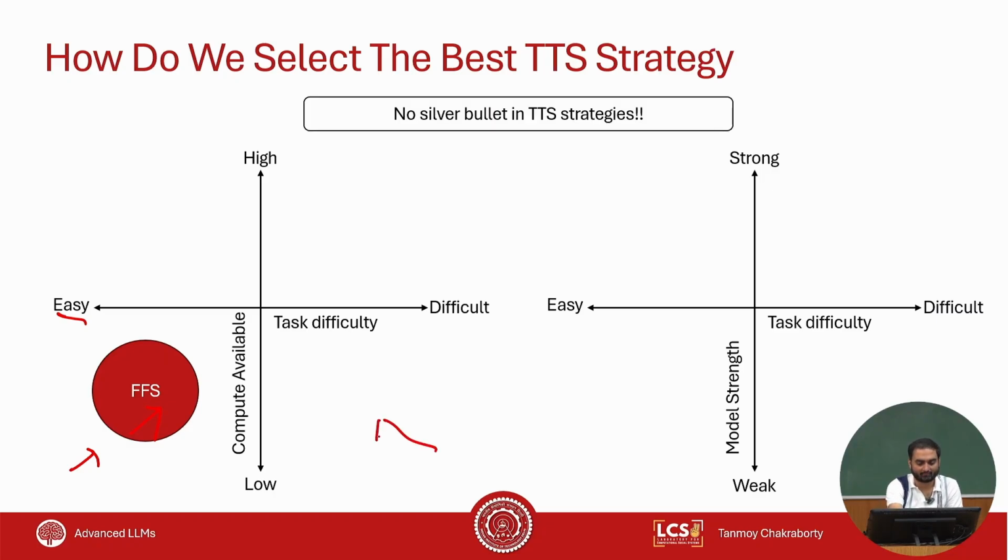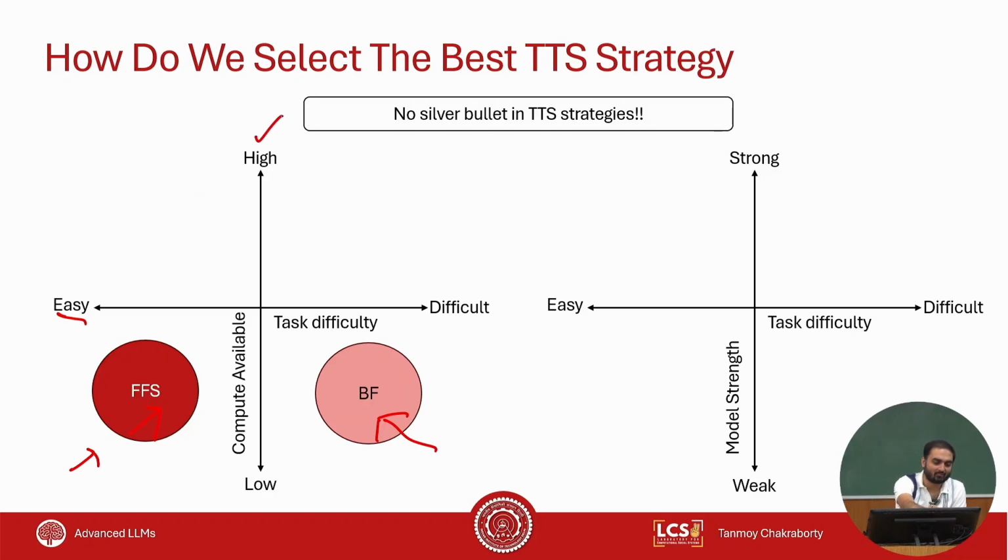Now let's look at this one. Low compute, difficult question. What do you do? FFS is parallel, remember, parallel scaling. Parallel scaling is useful when you have easy questions. For difficult questions, you should always choose a sequential model. So you can use budget forcing so that the model thinks deeper.